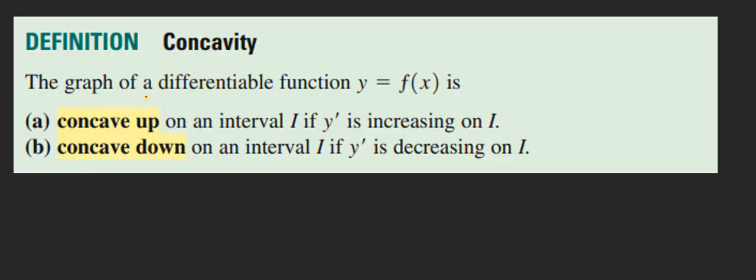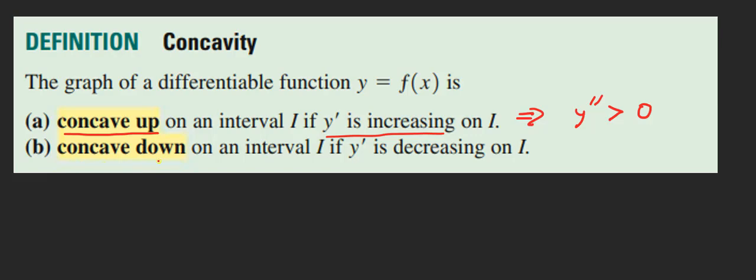The graph of a differentiable function y equals f of x is concave up on an interval I if y prime is increasing on that interval. If y prime is increasing, this implies that y double prime has to be positive. So whenever y double prime or f double prime is positive, that means f is concave up.